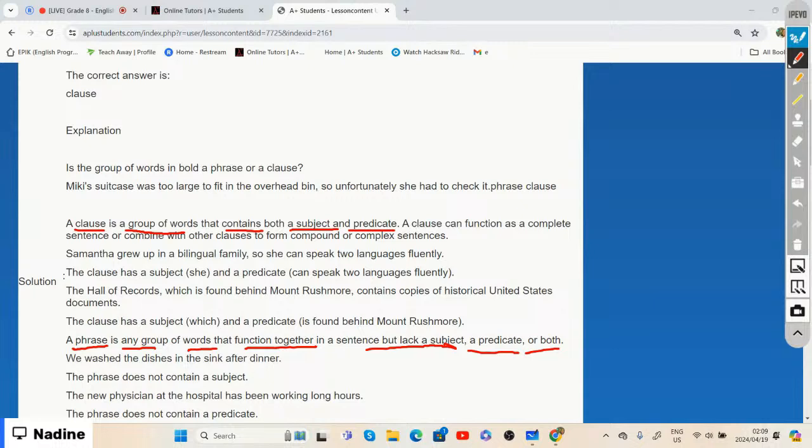So it lacks either the subject, or the predicate, or both.